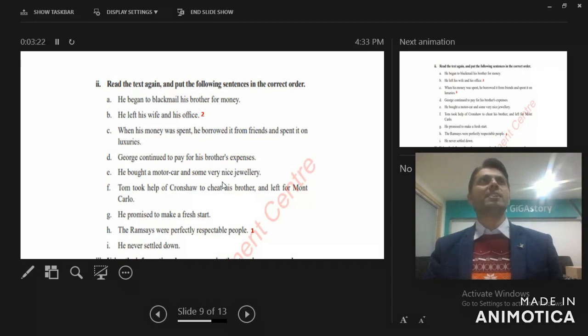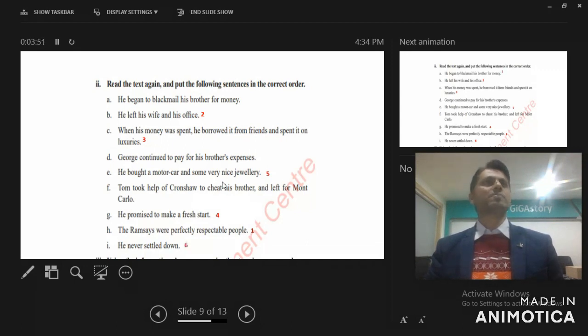Now number three: when his money was spent, he borrowed it from friends and spent it on luxuries. Number four: he promised to make a fresh start. Number five: he bought a motor car and very nice jewelry.